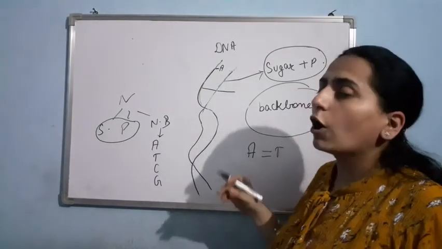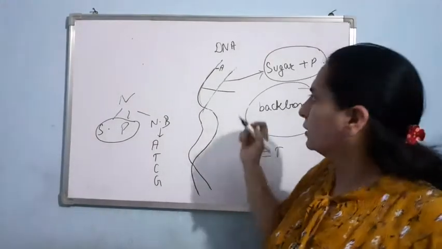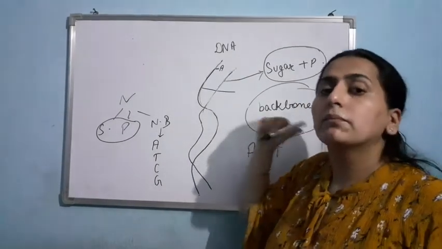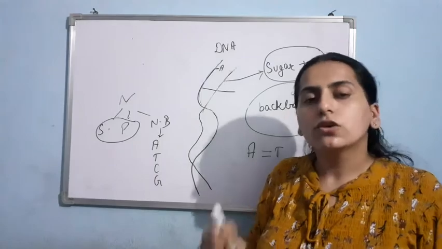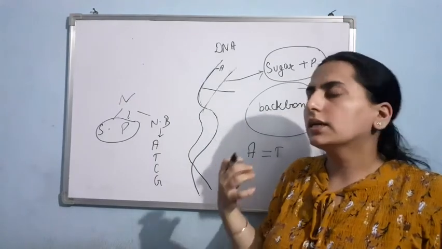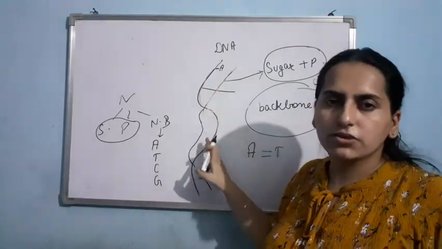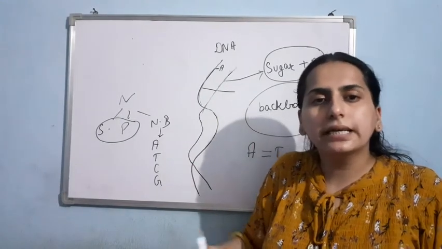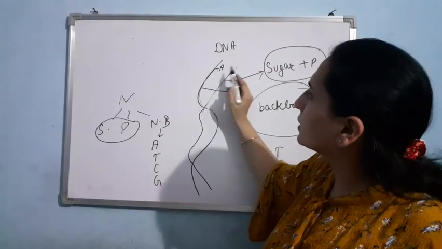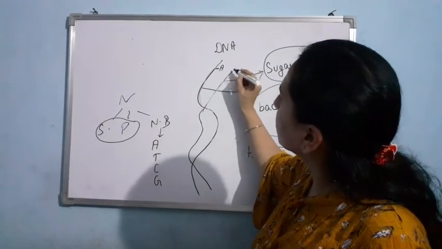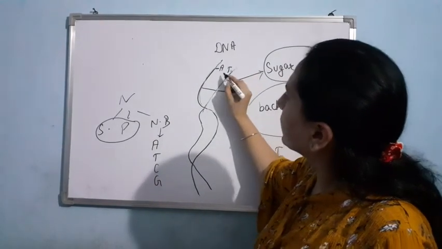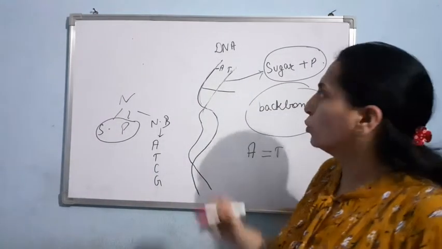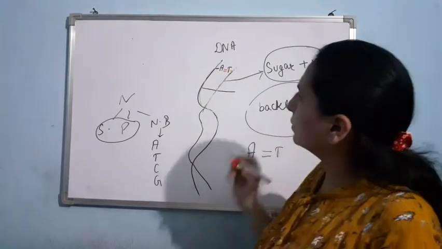So if I have adenine here, then at the second strand I must have thymine. So if we know the base sequence of one strand, then we can find out the base sequence of the second strand. So if A is there, then here T will be present, and between these two we have hydrogen bonds. How many? 2. Am I clear?